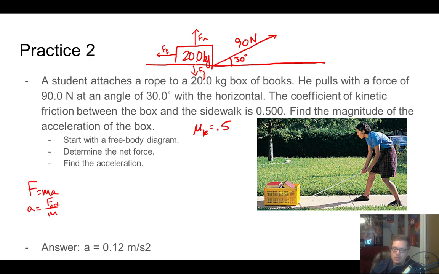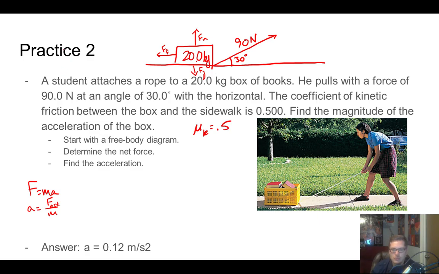We know for sure that the box is not going up or down, it's only dragging horizontally, so whatever upwards force we have on the box is going to be equal to the downwards force, the gravity.